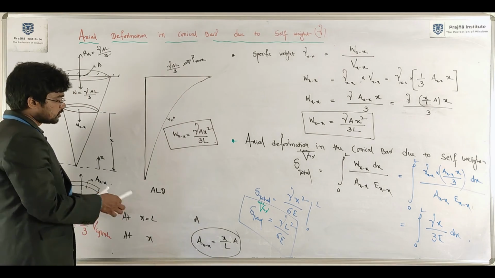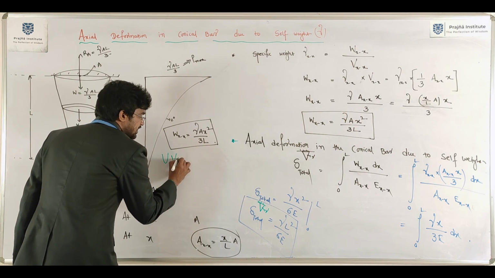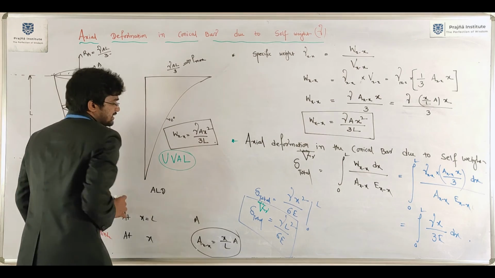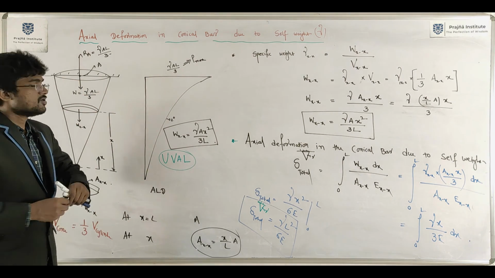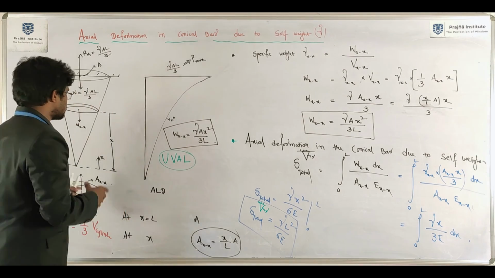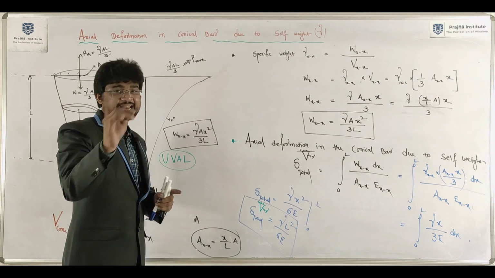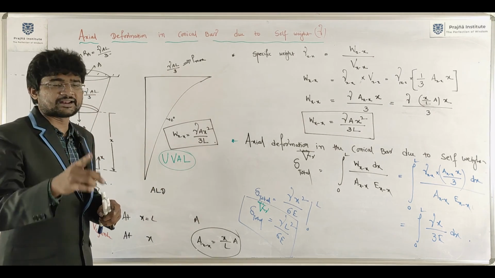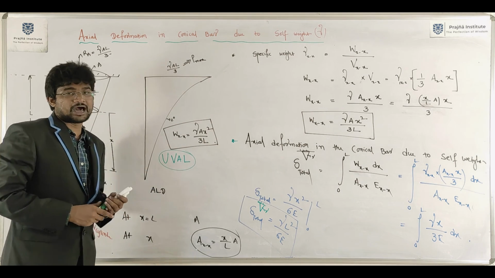So this is the way to draw the axial loading diagram. You can call it uniformly varying axial load, for which the corresponding diagram is a parabola. For a point load, it is degree 0. For a prismatic bar under self weight, that is uniformly distributed axial load, you will get linear. For uniformly varying axial load, you will get a parabola.